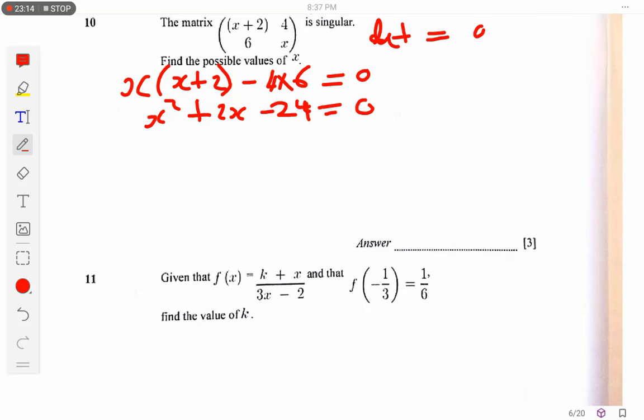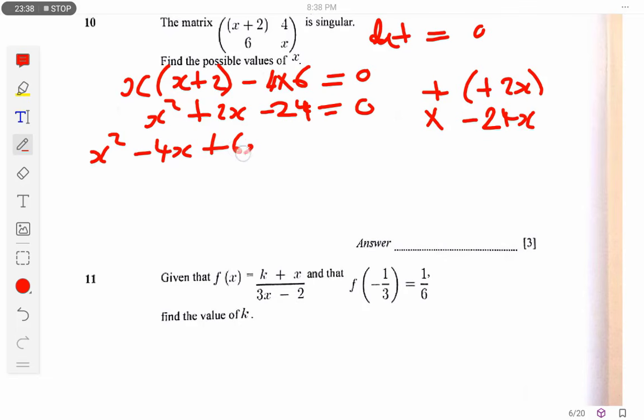Now we are simplifying. I need two numbers that add to give a plus 2x, and multiply to give minus 24x. The values that I can think of are x squared minus 4x plus 6x minus 24 is equal to 0.